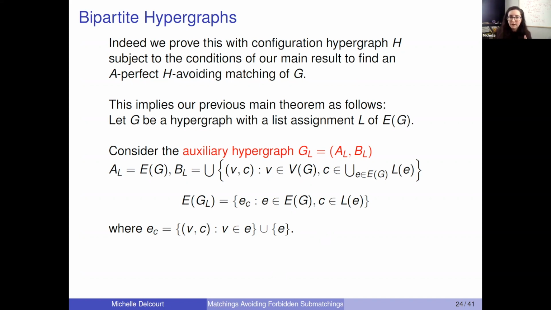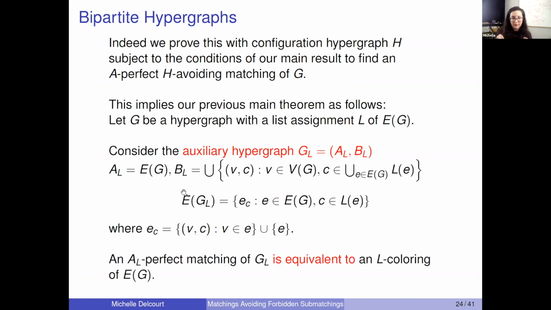And the whole point here is we want to find an A-perfect matching. We want to find a matching that saturates the edges. So really, we're thinking of finding a list coloring of the edge set of our original hypergraph G.